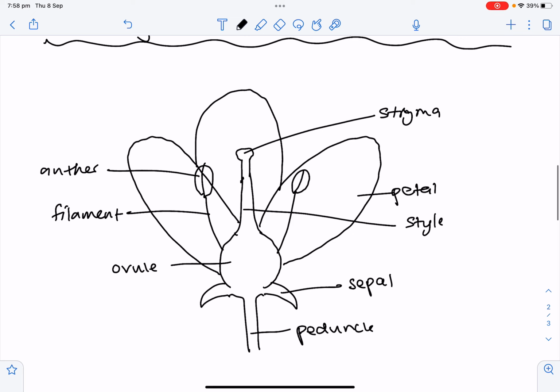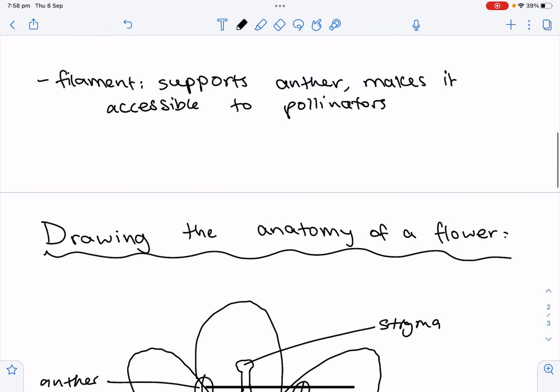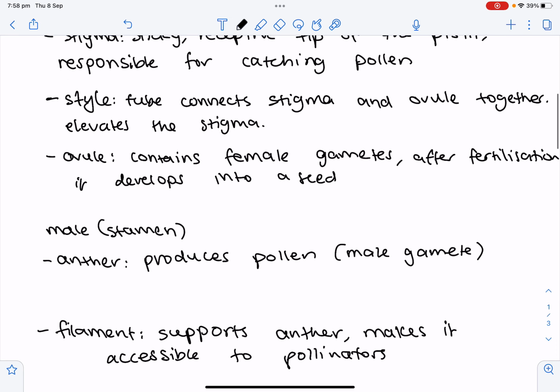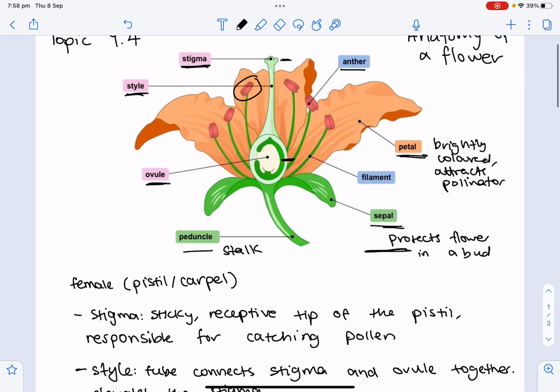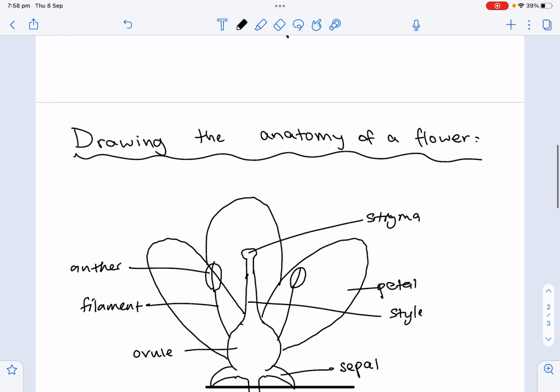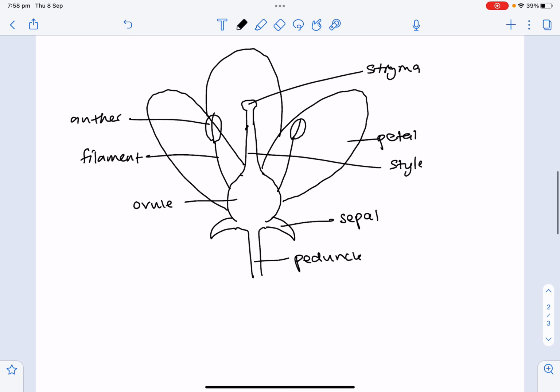So yes, it's important for us to be able to know how to draw the flower as well as label it, understand the male and female reproductive parts, where they are on the flower, as well as their purposes. Other than that, that's all that's in the syllabus.